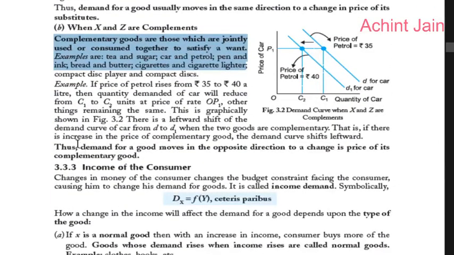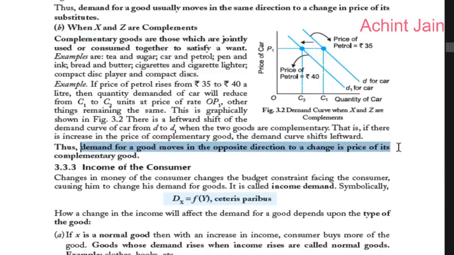Demand for a good moves in the opposite direction to a change in the price of its complementary goods. When the price of petrol is high, then consumption or utility of the car goes down.